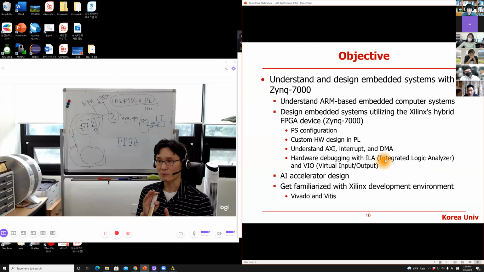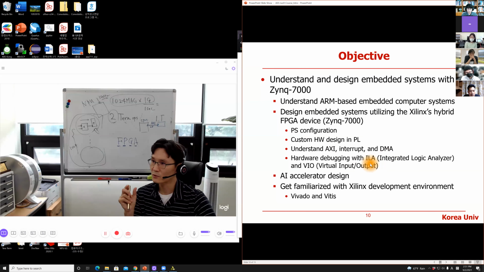If the problem is on the hardware side, not software, then you can use other debugging modules, ILA, the integrated logic analyzer. I will talk in detail about this. What do you mean by logic analyzer? It is a very interesting and powerful debugging mechanism to find hardware bugs, not software bugs.